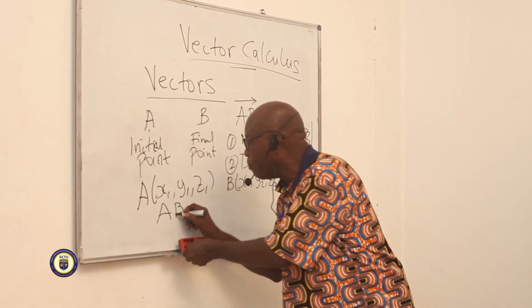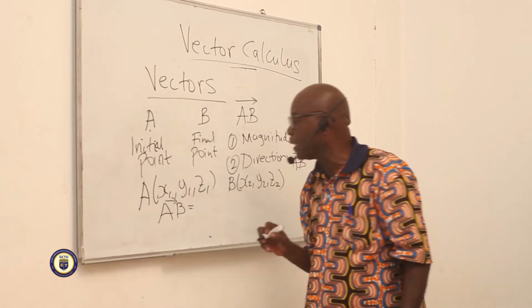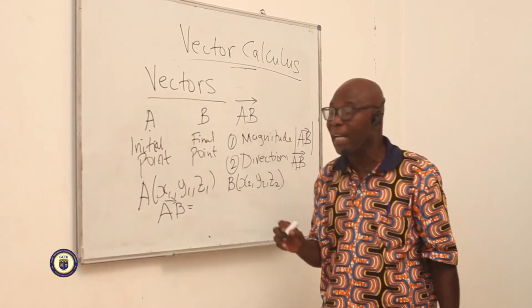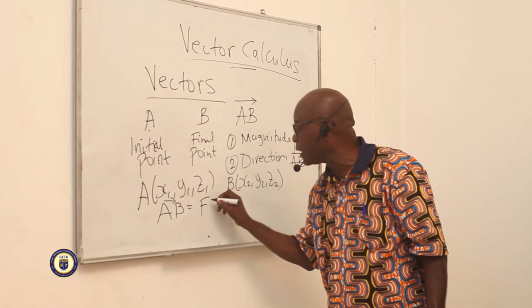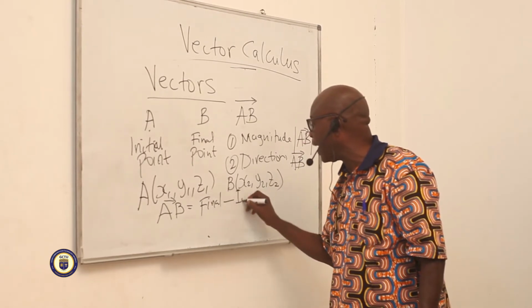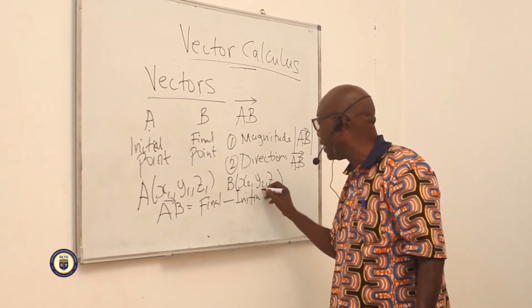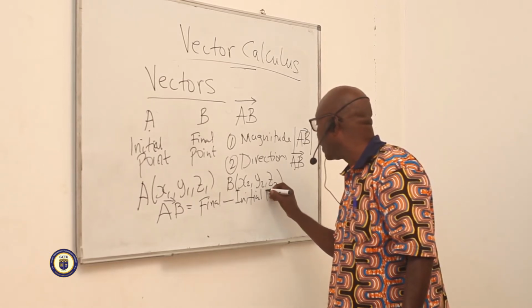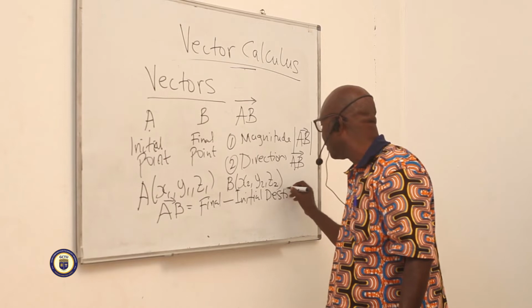AB, what we're going to do is that we take the coordinates of B, the final point, the final destination, minus the initial destination, right?